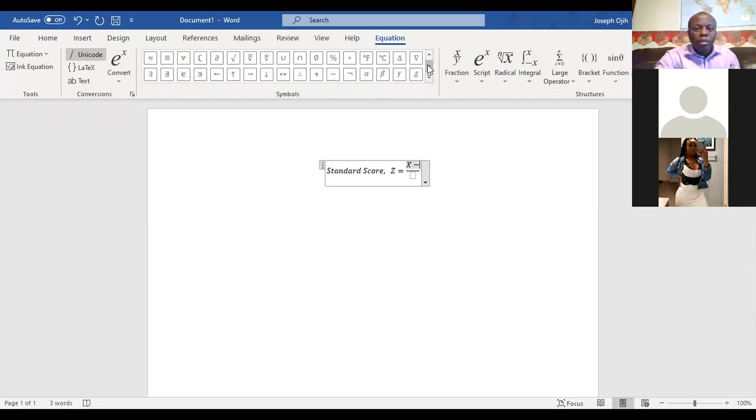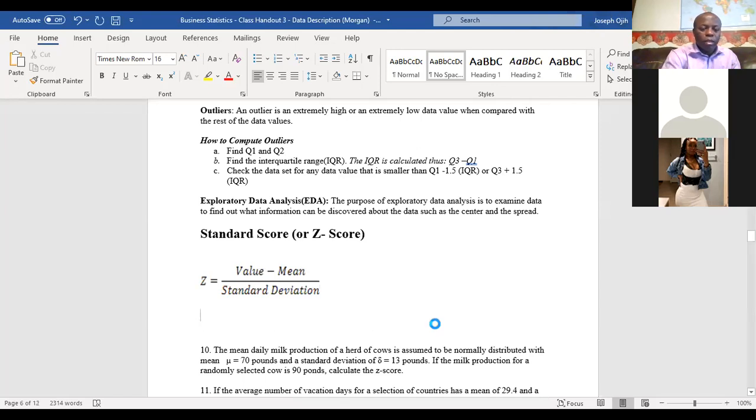I can get the mean from here, which I find from here, divided by the standard deviation, which is right here. That gives us our z-score. Okay. Now, that's right here.